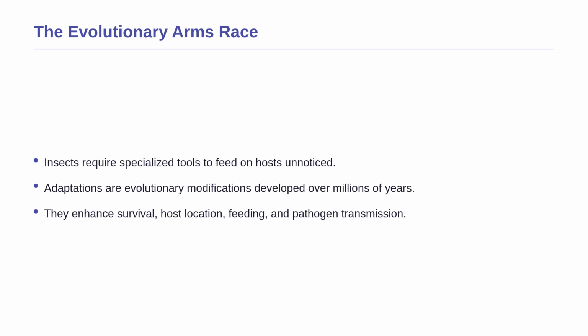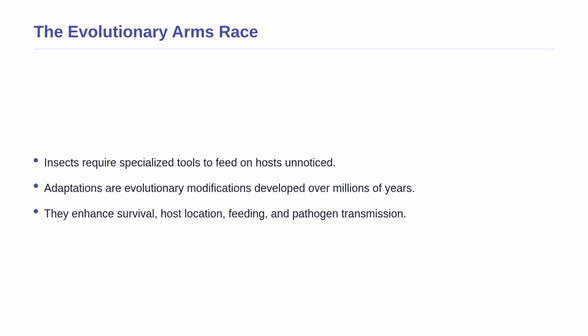Now that we understand the basic premise, let us look at what these adaptations actually are. Formally, insect vector adaptations are the evolutionary modifications in an insect's anatomy, physiology, and behavior. These changes do not happen overnight. They are developed over millions of years of an evolutionary arms race between the insect and the host.